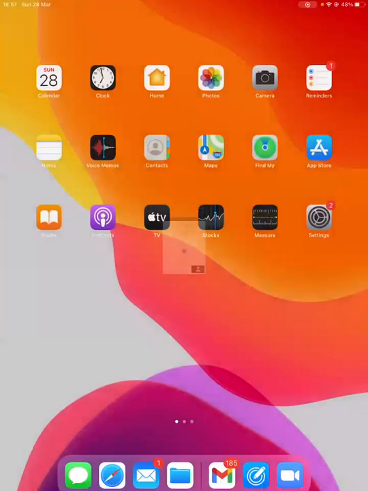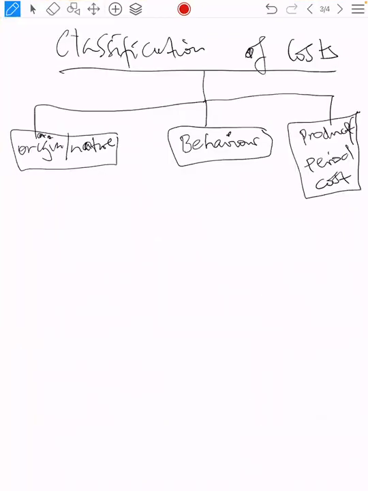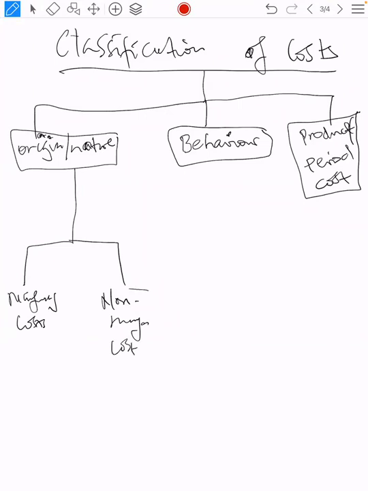Are we together, people? So yes, that's what we mean when we say cost can be classified according to their origin. In terms of their origin, cost can be classified into manufacturing costs and into non-manufacturing costs. These ones, they came from the factory.